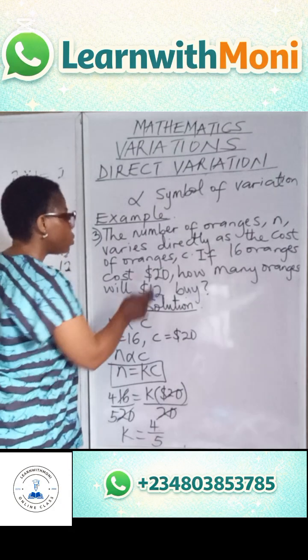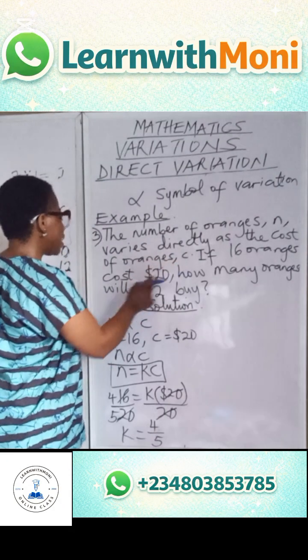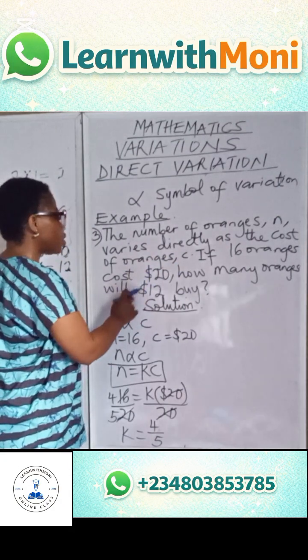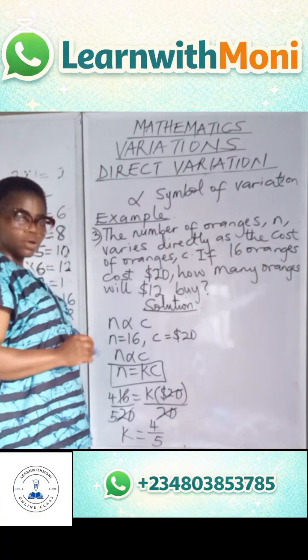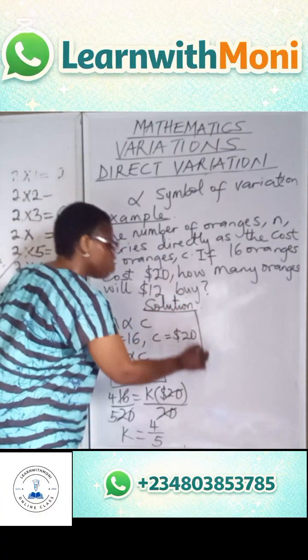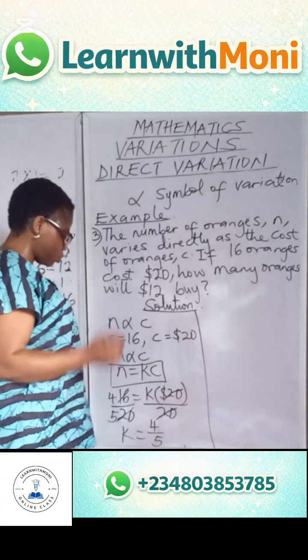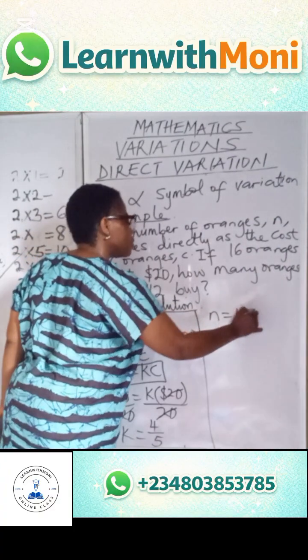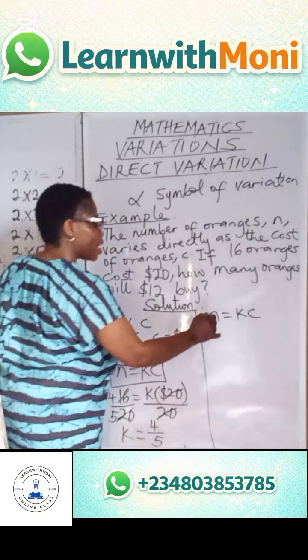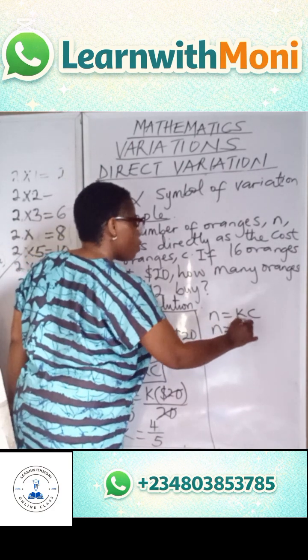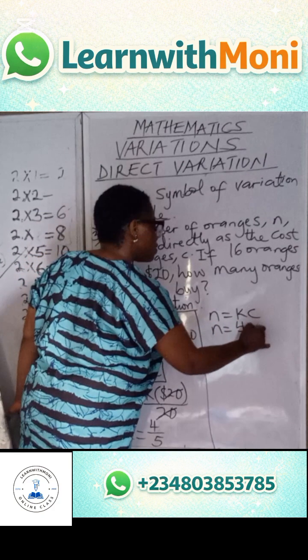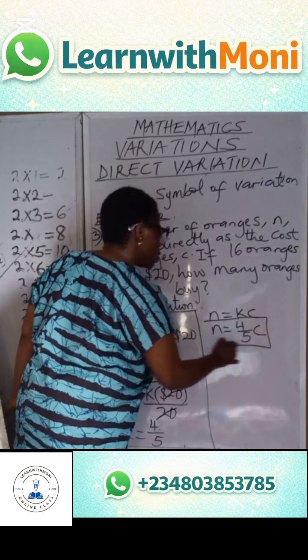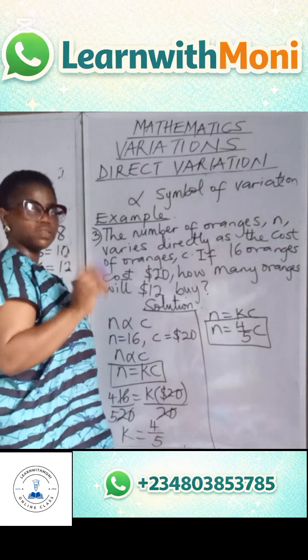That is our variation constant or proportionality constant. Now, the question says, how many oranges will $12 buy? For us to know that, we need to get the equation of the relationship. So let's get that. N is equals to Kc. K is 4 over 5. That means N is equals to 4 over 5C. This is the equation of the relationship. We have gotten that.